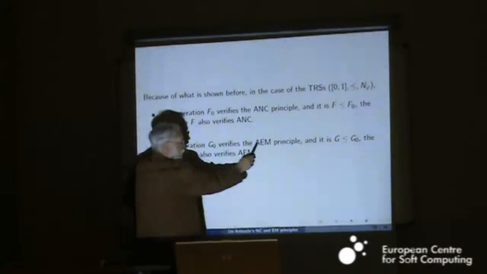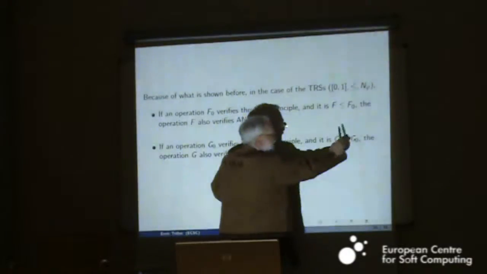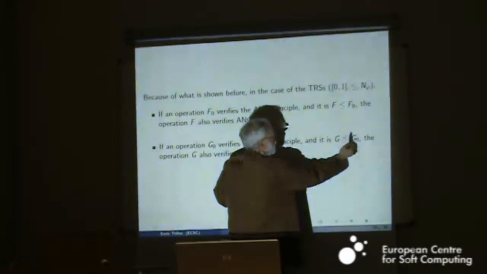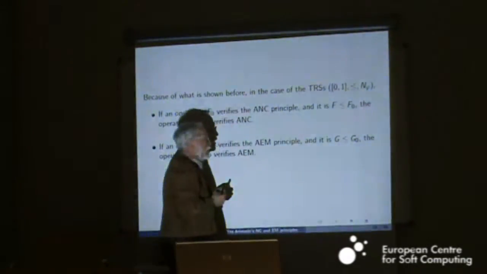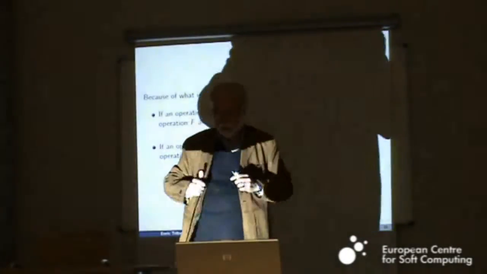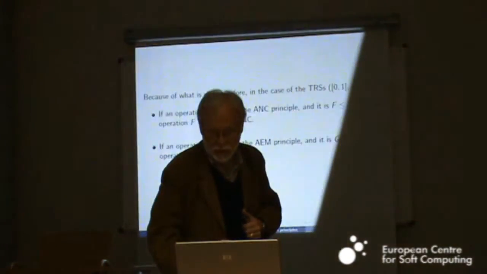If an operation verifies excluded middle, any function greater than g also verifies the excluded middle. Then in the case of the unit interval, everything is clear.